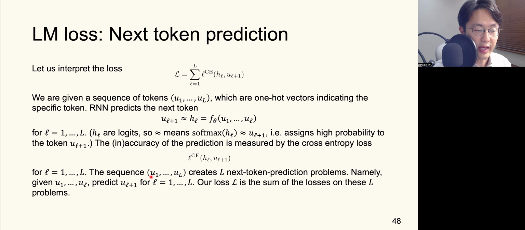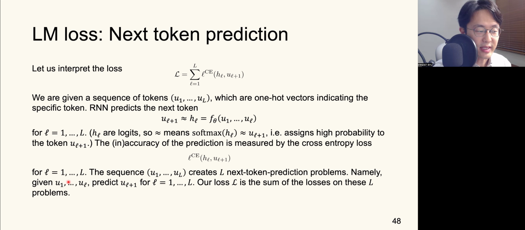The sequence of length L, U1 up to UL, also with the end of string token at position L plus 1, creates L next token prediction problems. Namely, you use U1 up to U_l to predict the next token U_{l+1} for values of l from 1 up to big L. Now let's pay very close attention to the indexing.